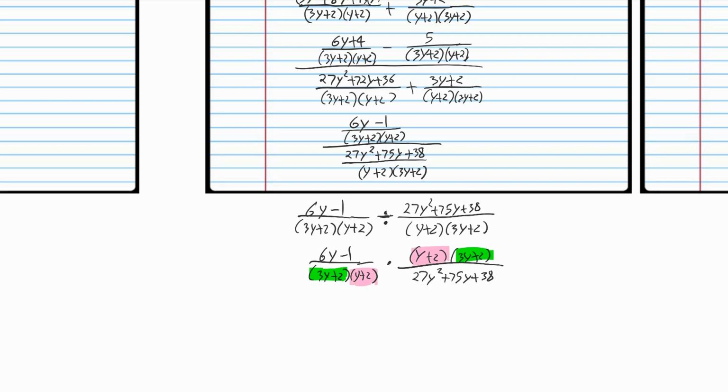Multiply 6y minus 1 times 1 is 6y minus 1. And multiply the bottom by 1, you get 27y squared plus 75y plus 38. And that's our final answer. Again, the highlighted parts are considered to be just 1 because 1 is always a factor.